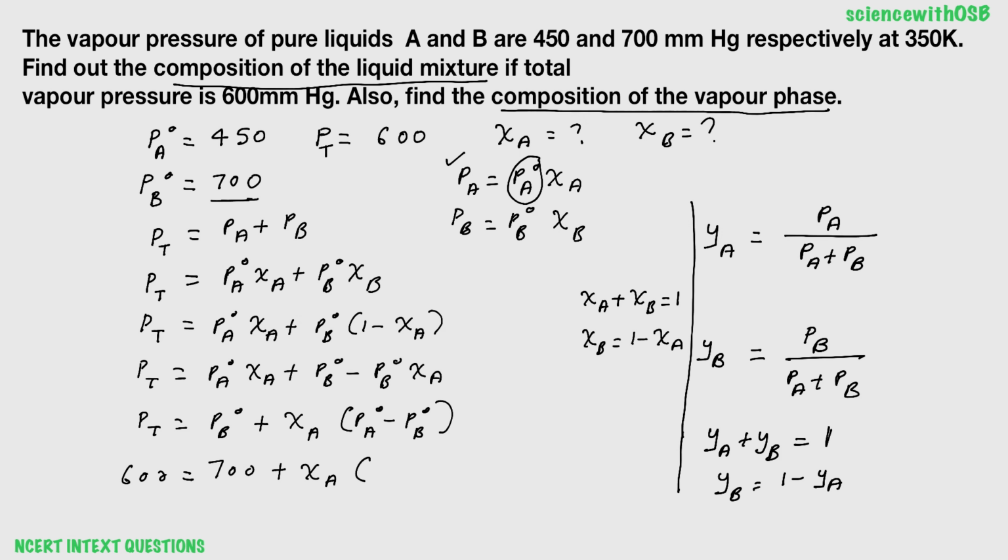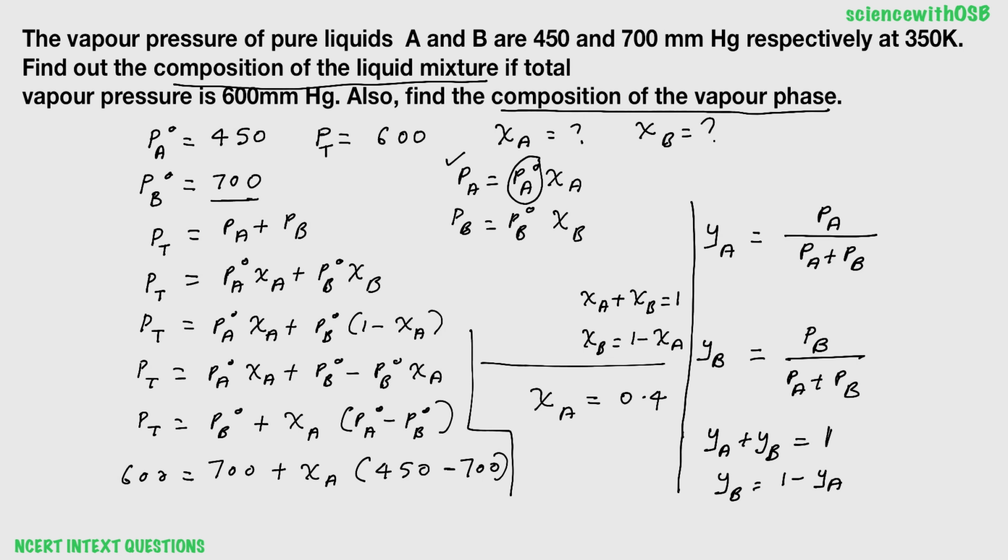PA standard is 450 minus PB standard 700. Now it is easy for you to calculate chi A, right? On simplifying, you will be getting chi A is equal to 0.4. That step you have to do by yourself.